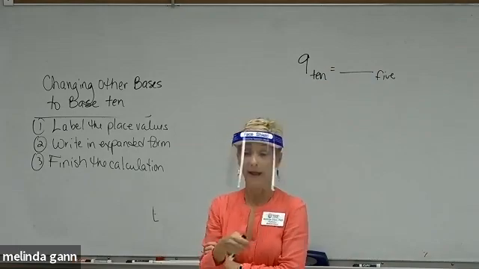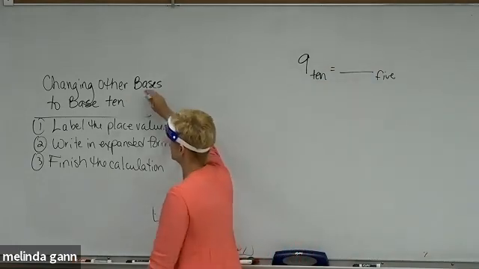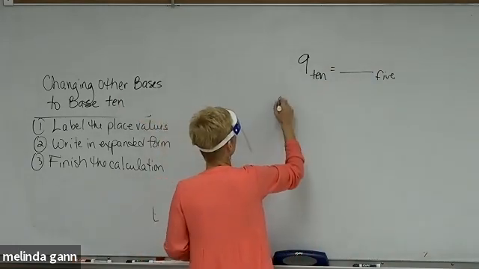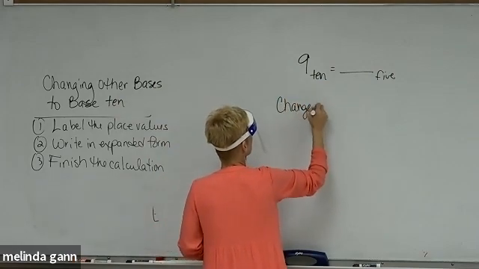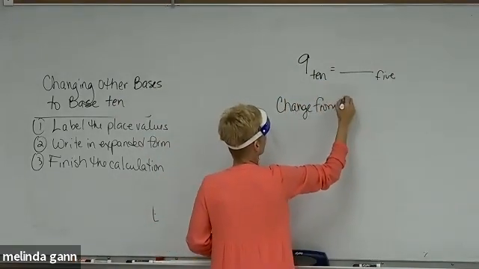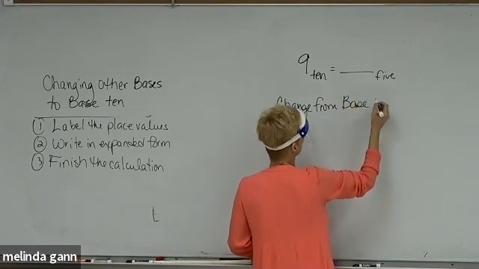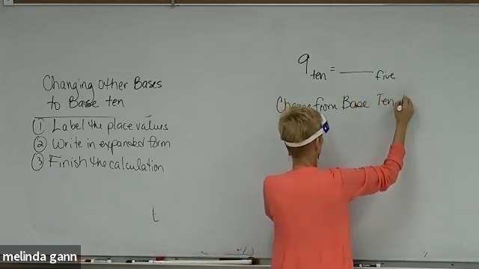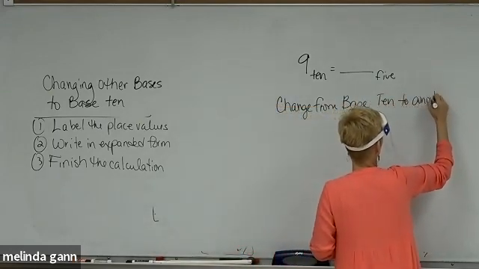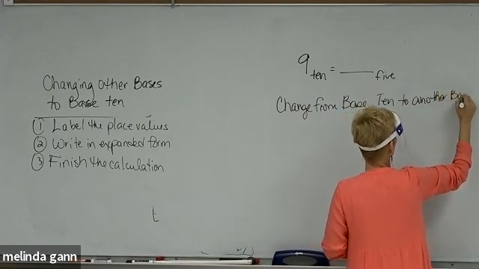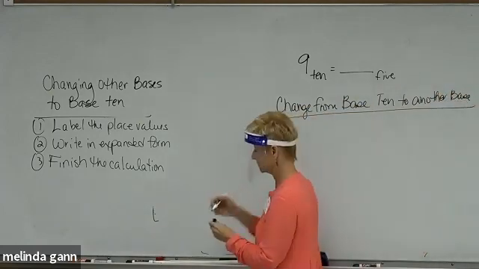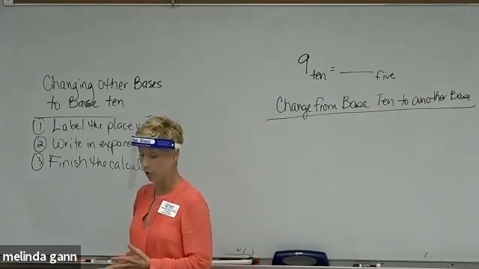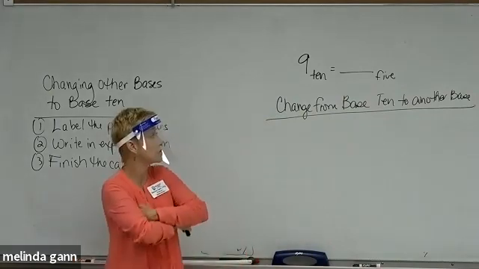So we're going the other way. Instead of giving you another base and changing to base 10, you've got to be able to change from base 10 to another base. So how in the world are you going to make a 9 using your base 5 blocks?